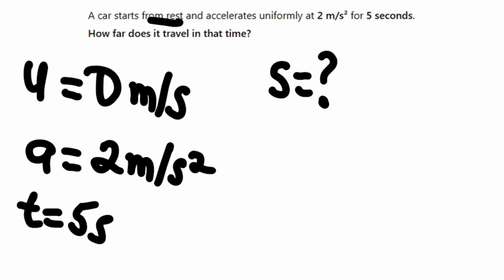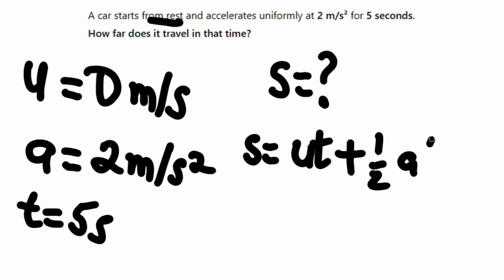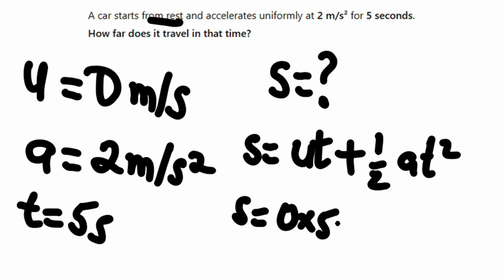So we go back. The equation that we are supposed to use is s is equal to ut plus half at squared, right? So s will be equal to u, which is 0. So 0 times t, which is 5, right?